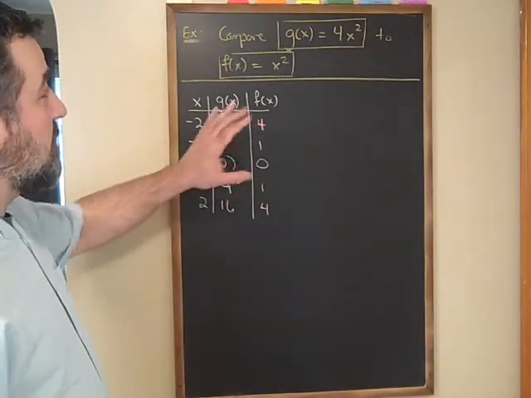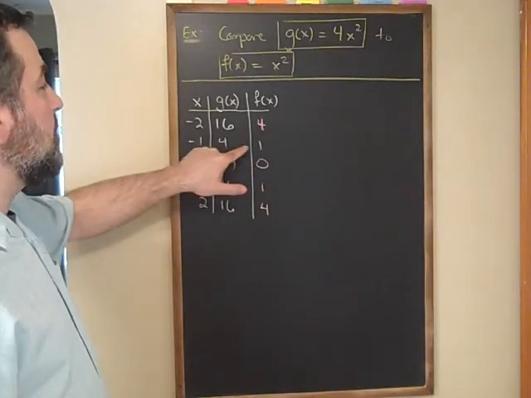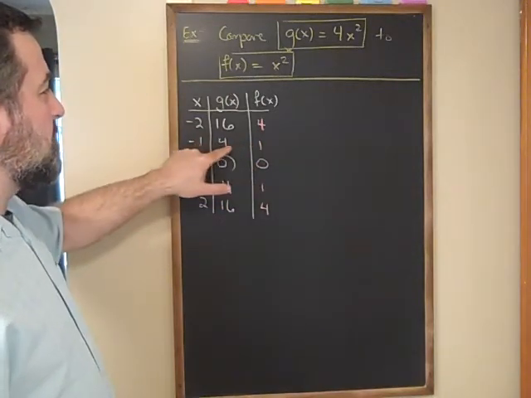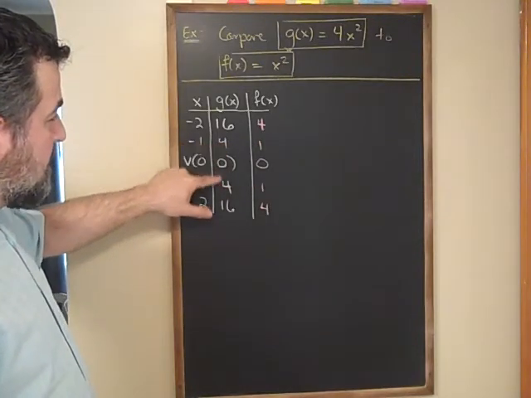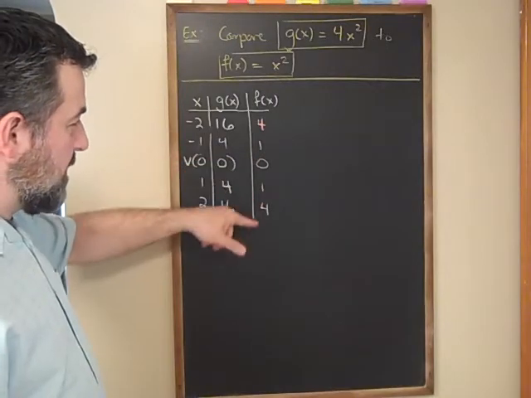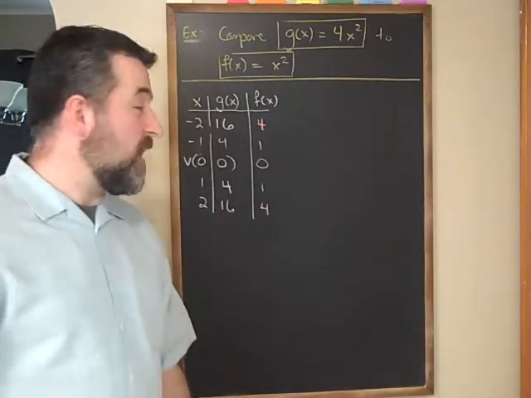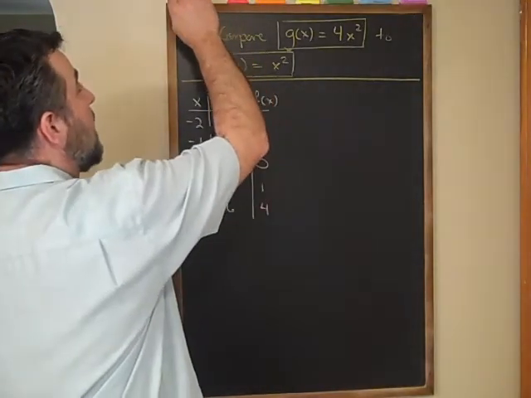We can see right now, if we're comparing them, that the vertex values are the same and the y values are differing by a bit. These values seem to be getting larger more so than these are. And you'll see what happens in the shape. So we're going to graph both of these on the same set of axes.